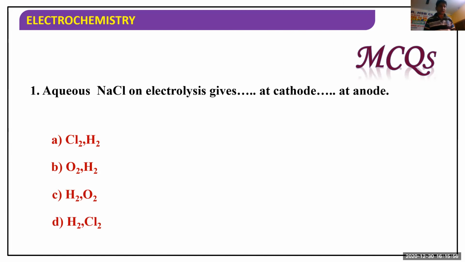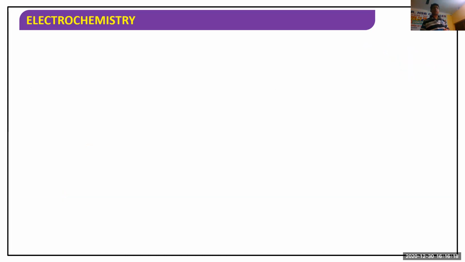Which one is correct? Hydrogen and chlorine. Because since it is an aqueous solution, hydrogen will be deposited at the cathode and chlorine will be deposited at the anode. But if it is in fused condition, then sodium at the cathode and chlorine at the anode. So this is the answer.